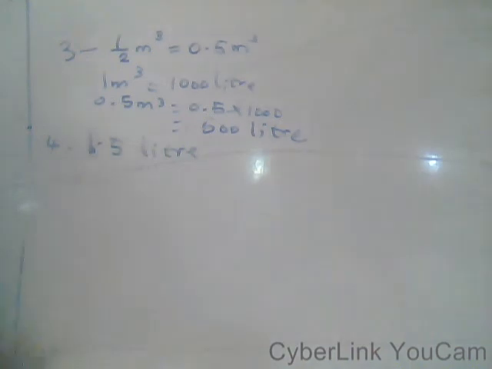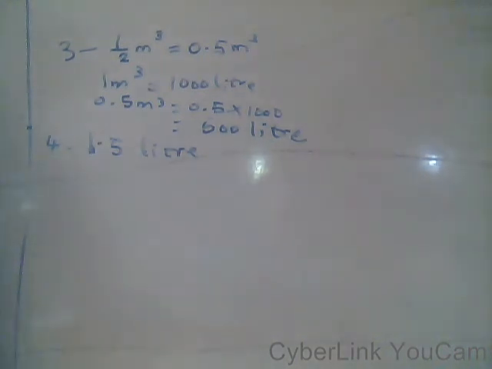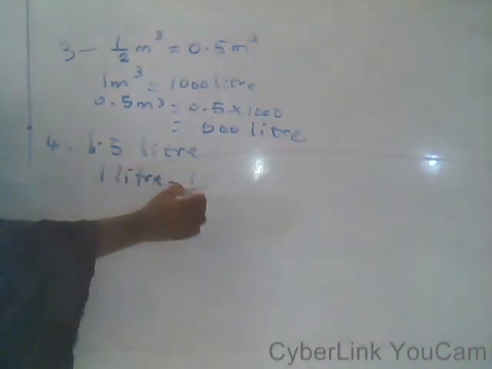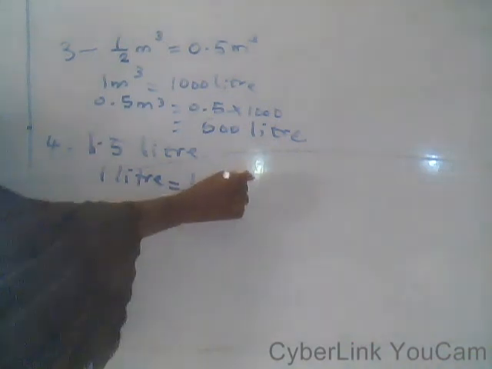And given 1.5 liter, we don't need to look for capacity again. It has been in liter, and that's the capacity. We just have to convert to meter cube. And remember, 1 liter is equal to 1 over 1000 meter cube.